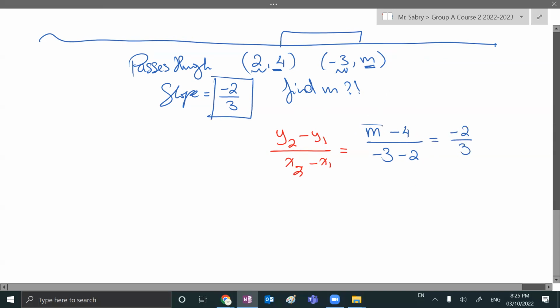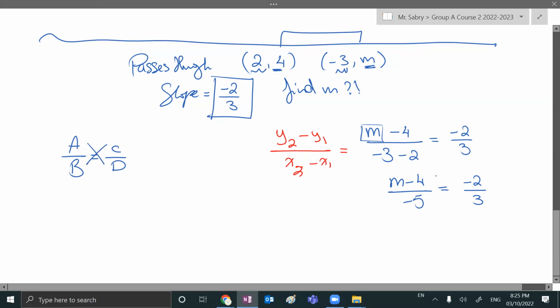Now I'm trying to find the value of m, so I have an equation that I can solve. I'll add like terms. So negative 3 minus 2 will become negative 5. All of this is equal to negative 2 over 3. Now, whenever you have two fractions equal to each other, the only thing you can do is to cross multiply.